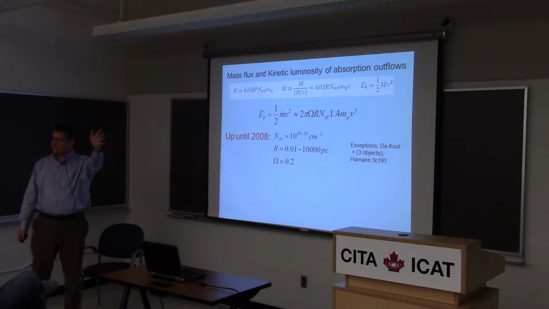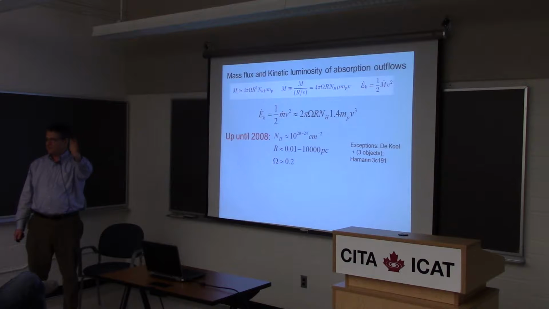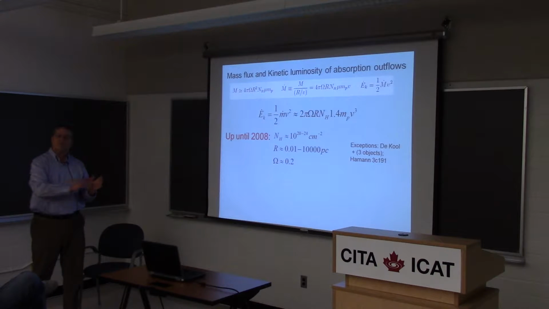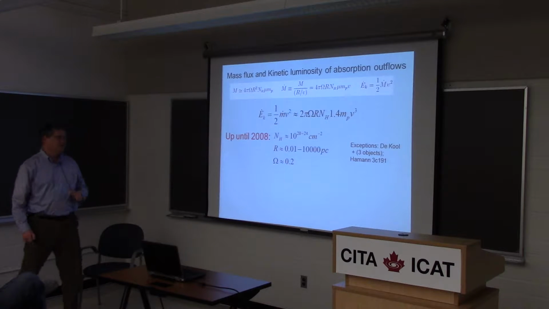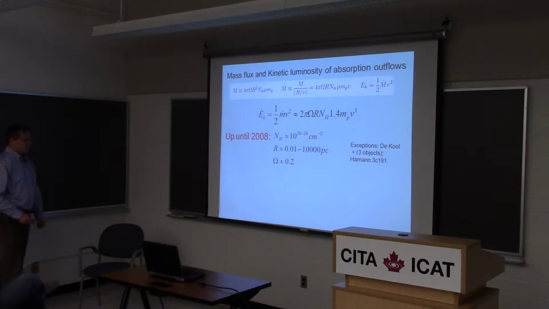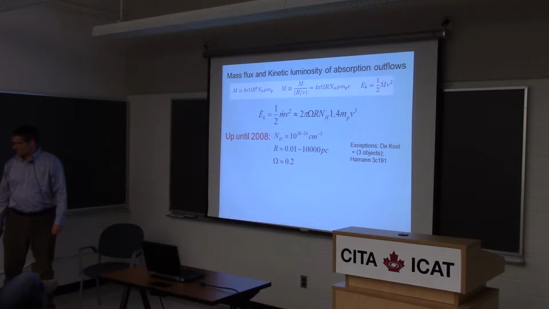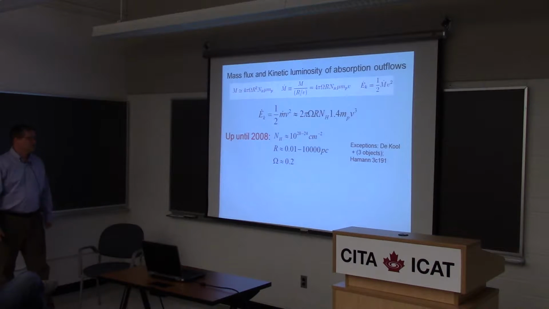There were good arguments that in some objects the winds were very close in, 0.01 parsec, but there were also outflows found at 10 kiloparsecs. So obviously you need to find many single objects where you can have both the distance and the column density. And did the product n times r vary over that vast range as well? Well, yeah, of course. And this is why it was kind of nonsensical.